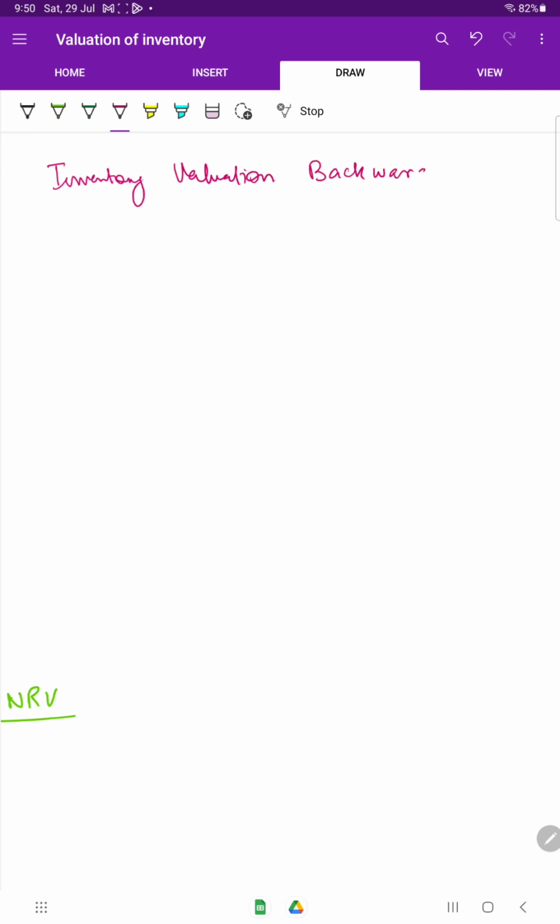What is the scenario? You have to calculate the value of inventory on 31st, but your accounting year is over, and now you are calculating it on 10th of Jan. So you'll go in the reverse cycle. You'll subtract your purchases, you will add your purchase return, and that's how it goes. Let me write it for you.